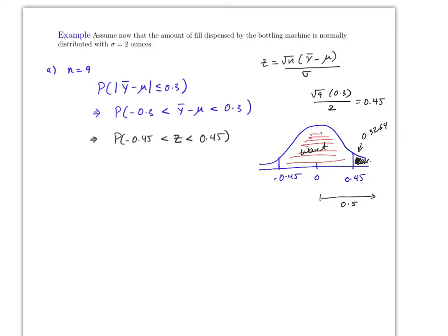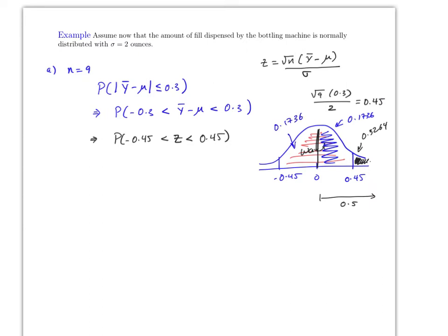So if you do 0.5 minus 0.3264, this part right here, in blue, is equal to 0.1736. Why? Because this plus that has to equal 0.5. Now by symmetry, this will be the same value.